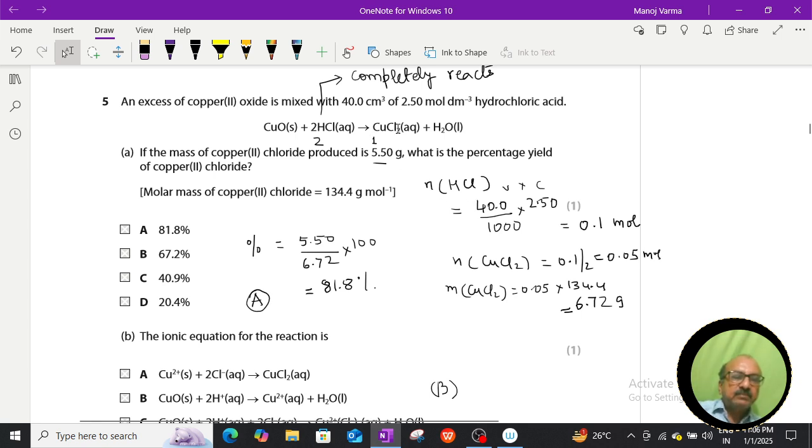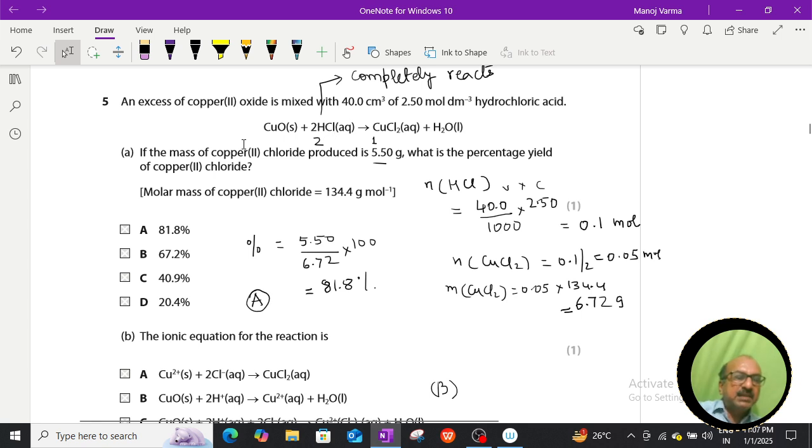And now we can find out the mass corresponding to this 0.05 mole of copper chloride. So multiply it by its molar mass, that is 134.4. You get 6.72 grams.